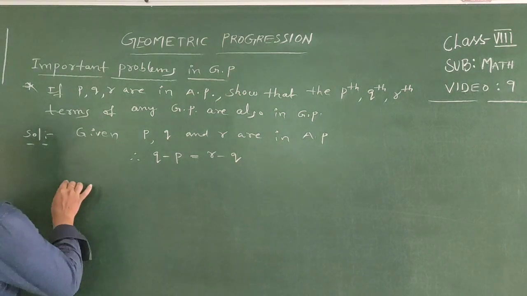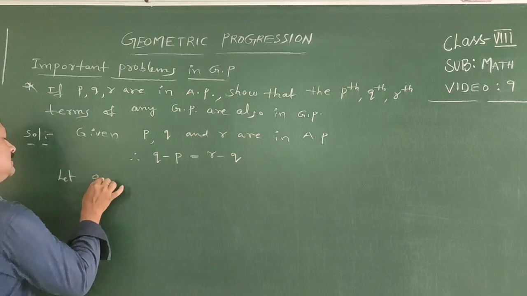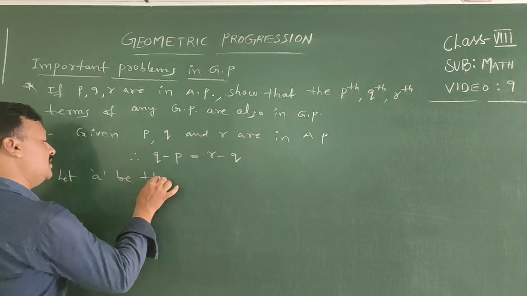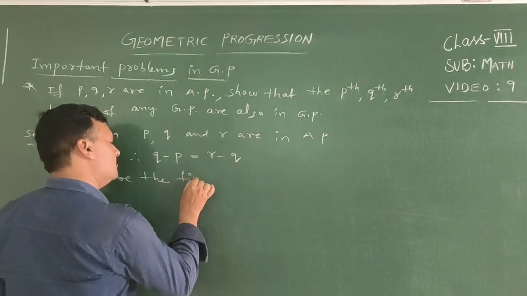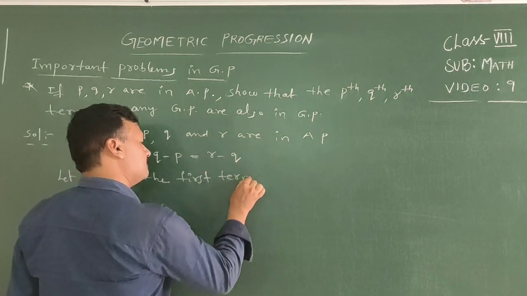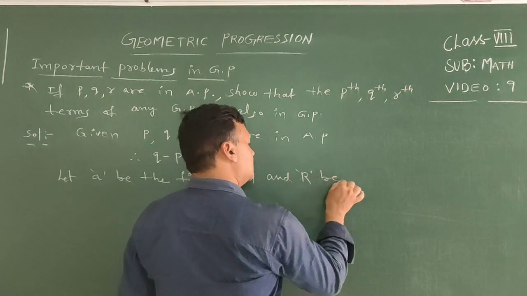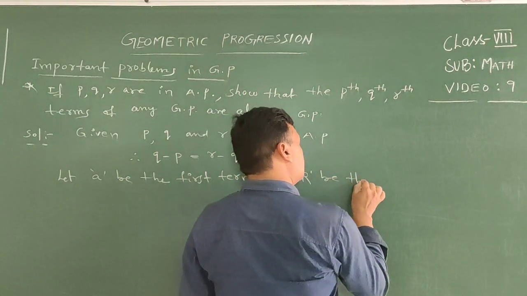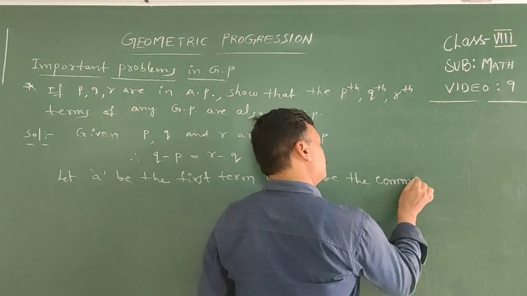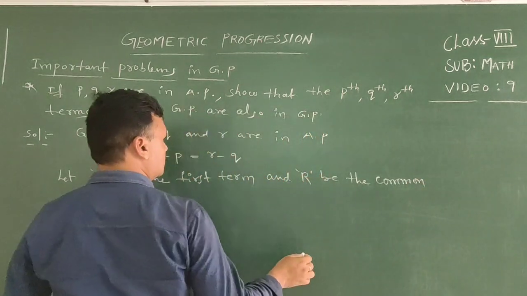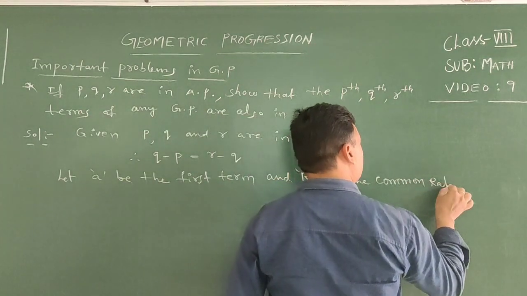Next, let A be the first term and capital R be the common ratio.